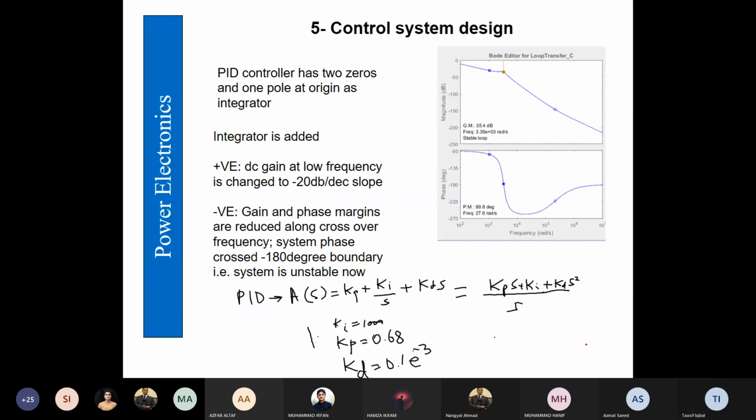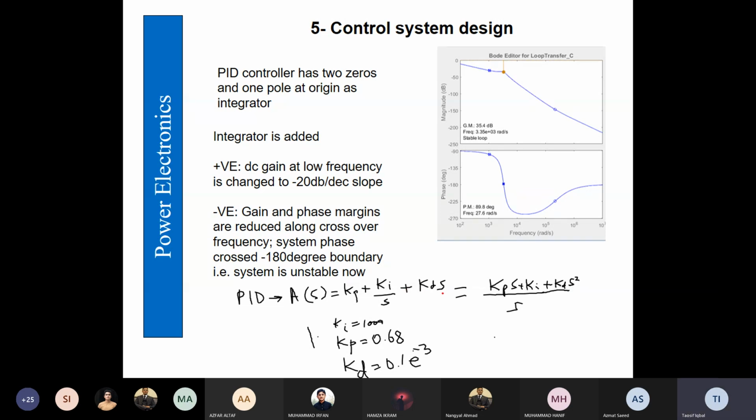Okay. So basically, what is a PID controller? A PID controller is a simple gain plus an integrator with some gain plus a derivator with some gain.